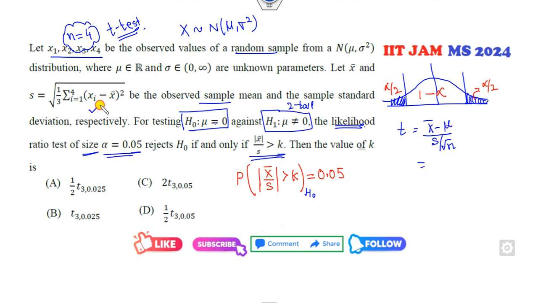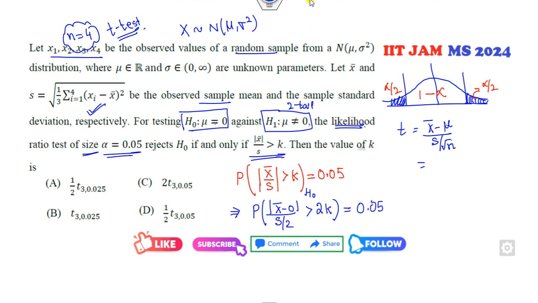We already defined s. Now I can write X bar minus 0, and s I can divide by root n, n is 4, so I divide by 2. It means it is greater than 2k, because I divide by 2, I have to multiply by 2. So this number will be my 0.5.